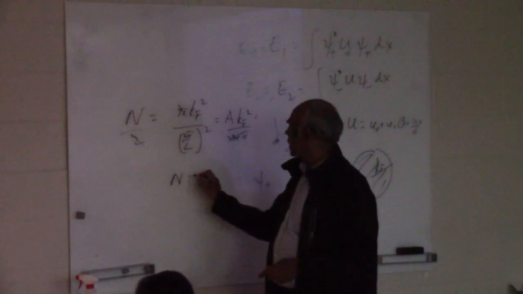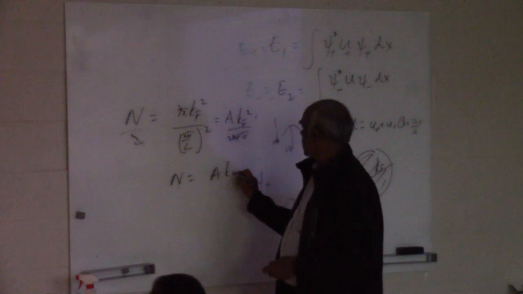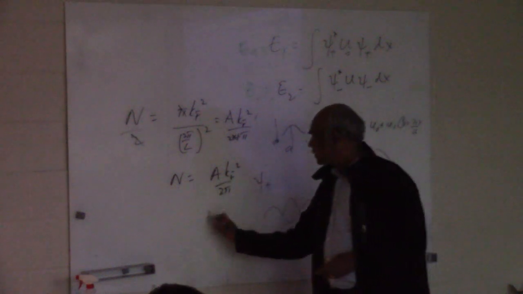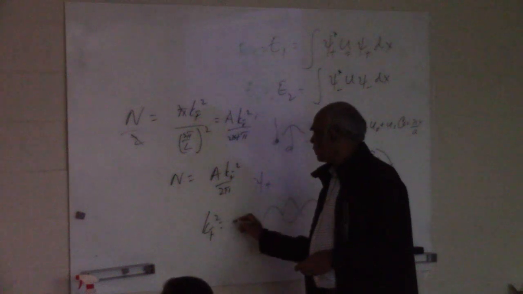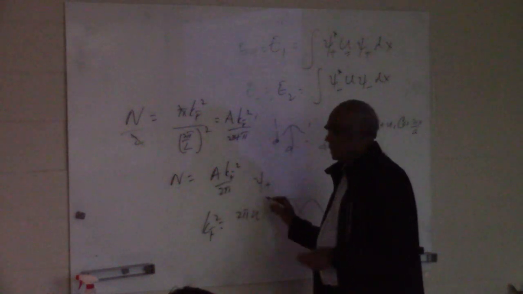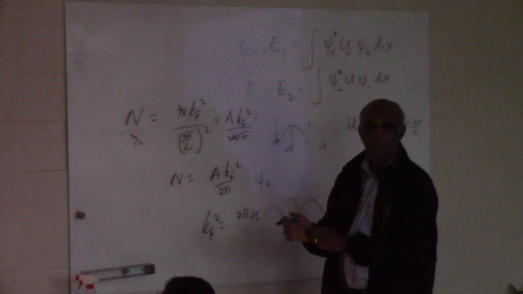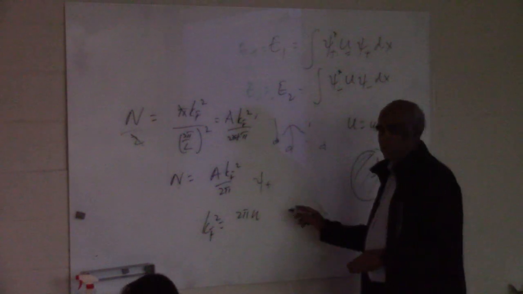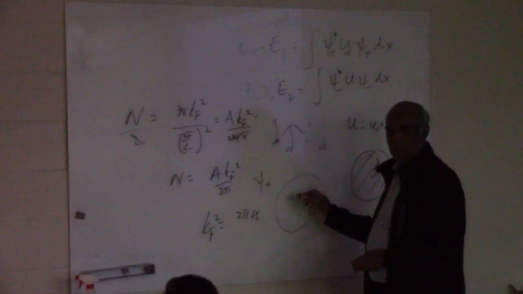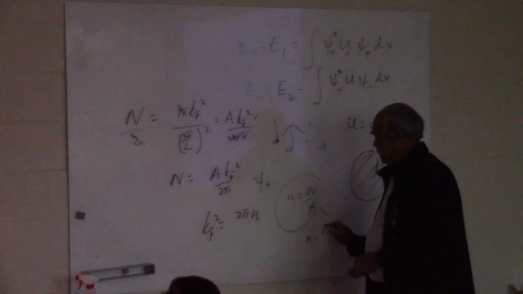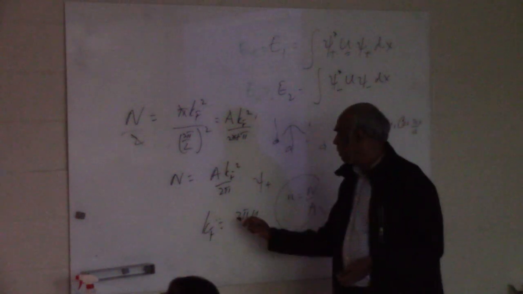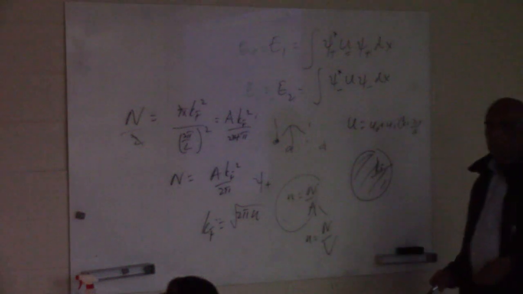That means I get N equals A kF squared divided by 2π, or kF squared is given by 2π n, where n is N over A. So n means electron density, right? In this case, n means N divided by A. If it is a 3-dimensional case, n is N divided by V, right? So that means kF is given by the square root of 2π n.